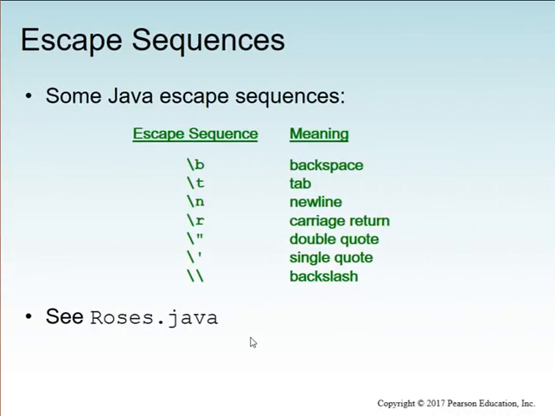There are quite a few escape sequences in Java: \b for backspace, \t for tab, \n for new line, etc., double quotes, single quotes, and if we wanted to use the backslash itself, we can use that. If we have a look at Roses are red, or Roses.java, you will have these sorts of examples.